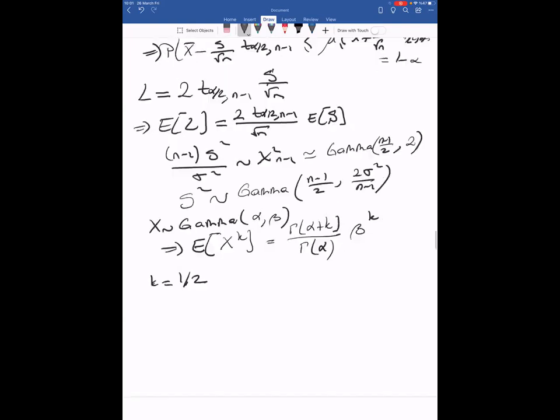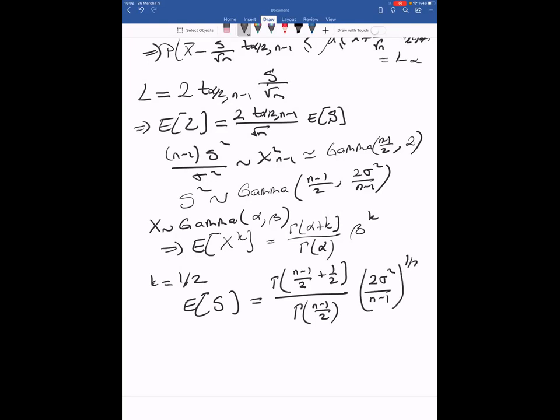So using this fact, the expectation of S will be, our alpha is n minus 1 over 2, so gamma of n minus 1 over 2 plus 1 over 2 over gamma of n minus 1 over 2, and our beta value is 2 sigma squared over n minus 1, to the power 1 over 2.